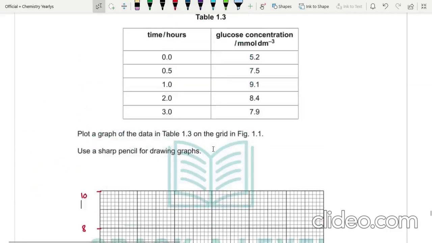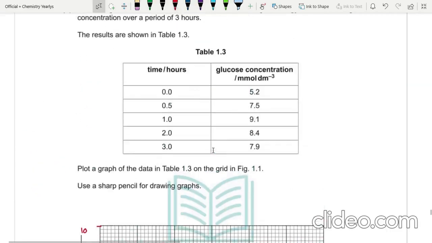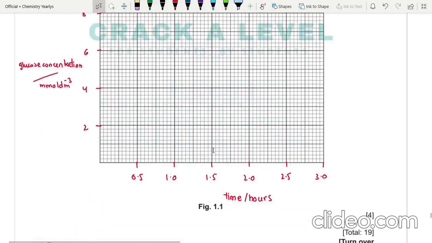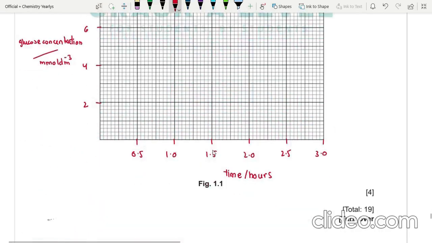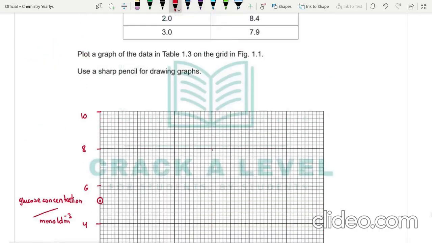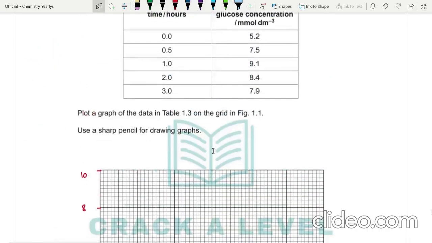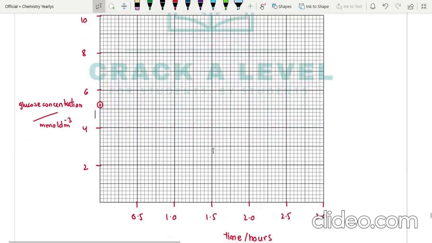Now let's check the first value. It is 0.0 and 5.2. So 5.2 will be about here. This will be the first point. Let's check the other. It is 0.5 and 7.5. 7.5 will be between the 7 and the 8. So this will be the other point.